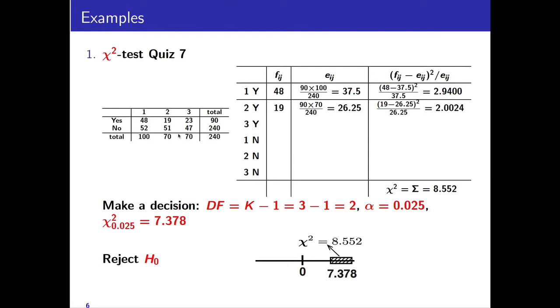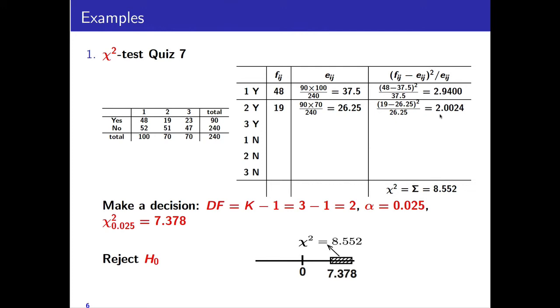And let's see one more. So you have, for this 19, your subtotal of 90 and subtotal of 70 over grand total of 240. And that will give you 26.25. And your Fij minus Eij squared over Eij will be 19 minus 26.25 squared over 26.25.